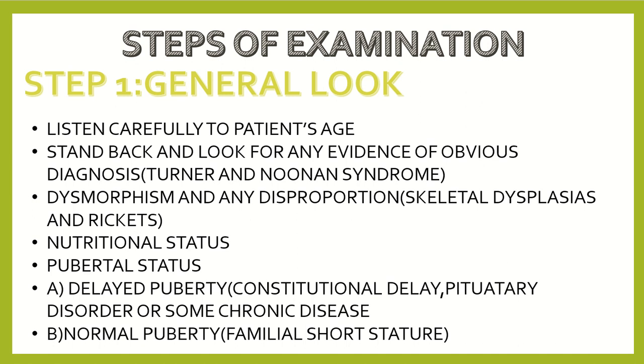Now, why is pubertal status important? If there is delayed puberty, that means there is a constitutional delay, pituitary disorder, or some chronic disease. But if the puberty is normal, then that will be familial short stature.